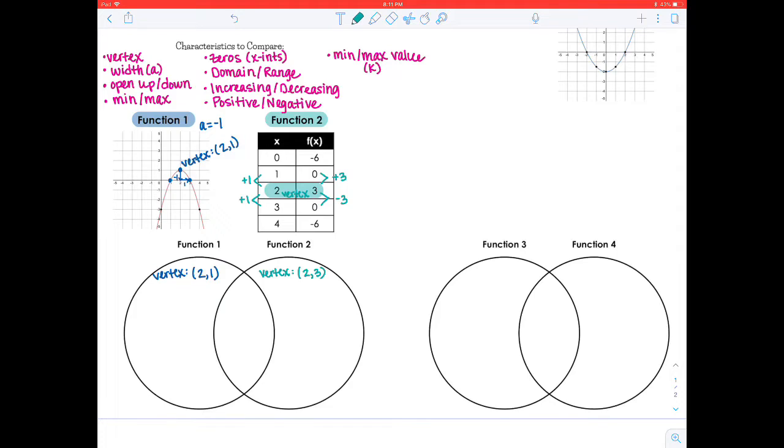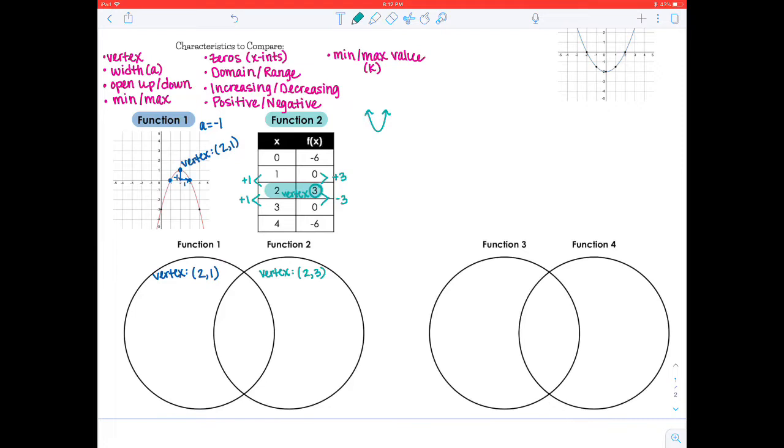So what you'll want to do is look at your y values from the vertex point here, from this 3. And let's look at those other y values. Are they increasing or are they decreasing? If they're increasing, your graph would open up like this.